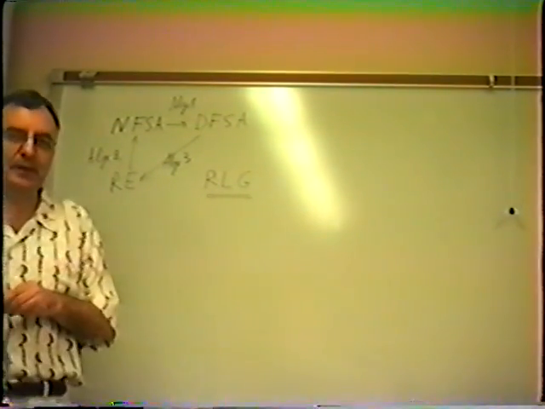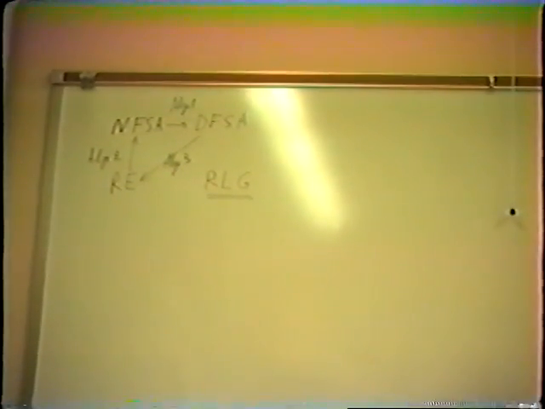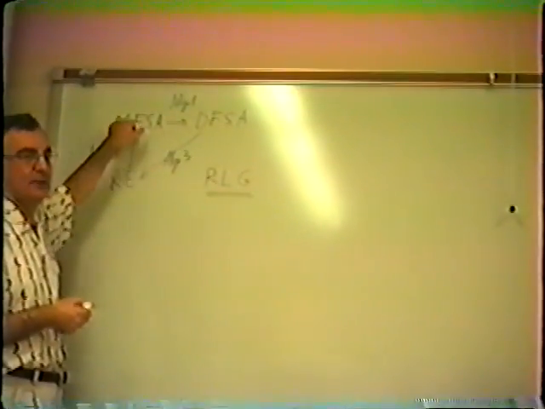Then there is a type of grammar. A grammar is a set of rules, right, that defines the syntax of a language. There is a type of grammar called the right linear grammar, and we'll do an algorithm to show that this is also equivalent to all those three.